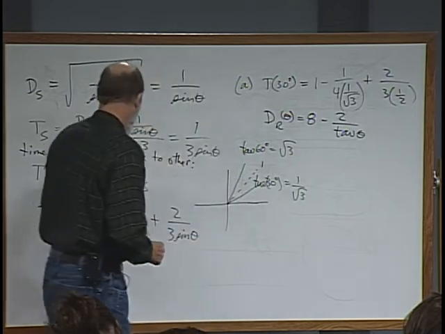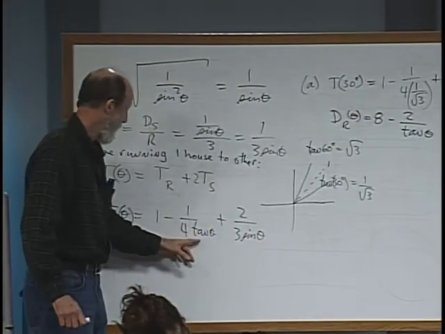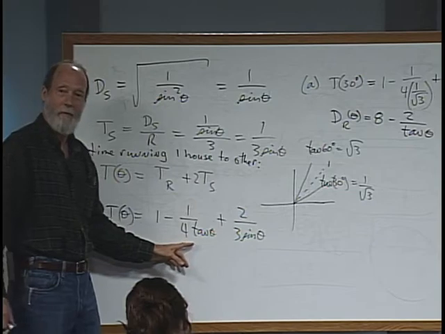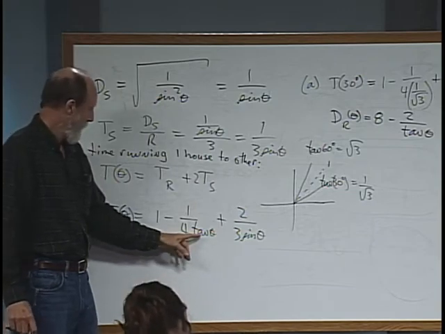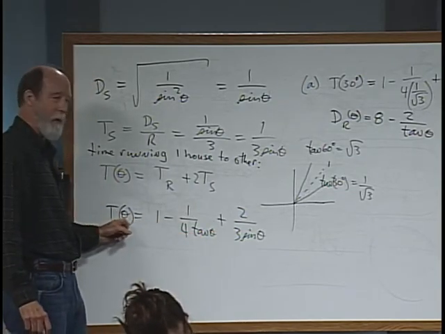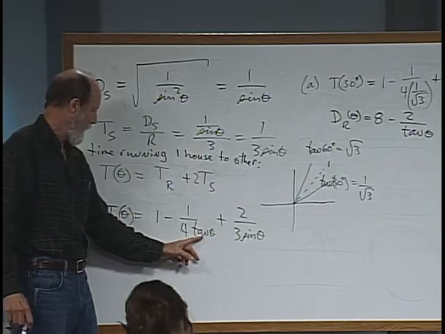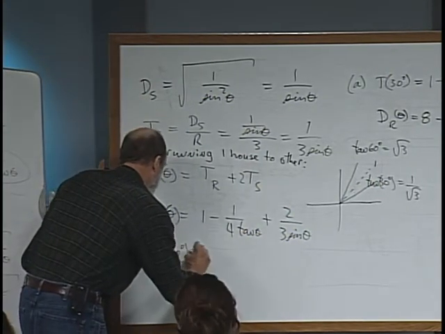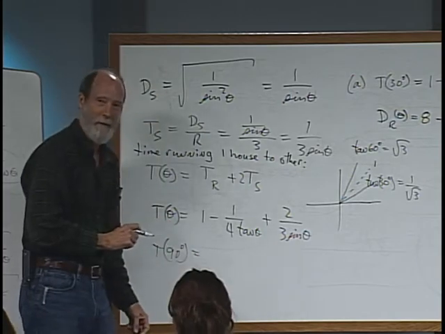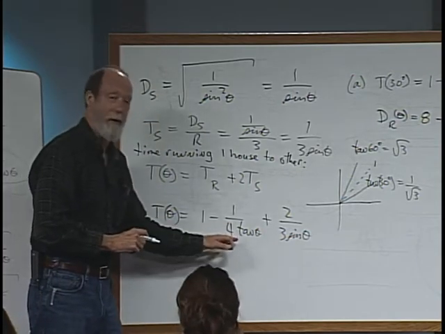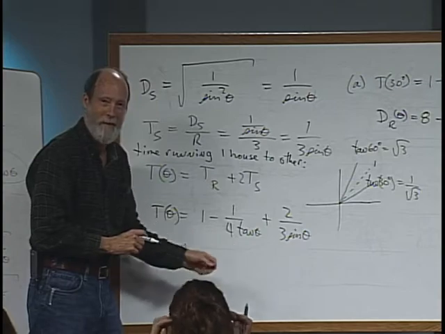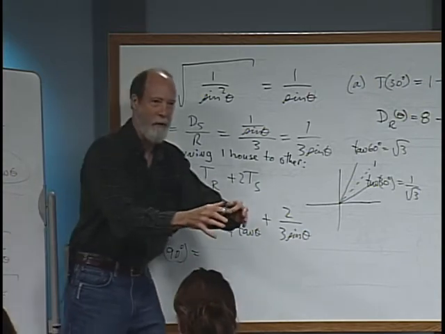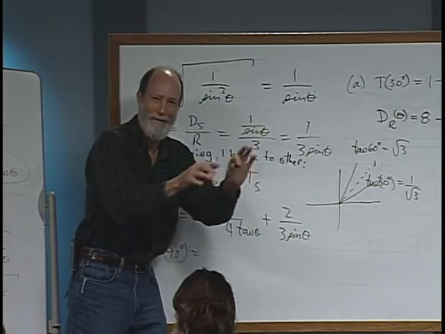Okay. So let's look at this briefly at 90 degrees. If you use this formula and put 90 degrees in here, I'm going to show you actually how you can use this formula, but if you try it on your calculator, it'll blow up on you. Well, your calculator won't blow up. It just won't work.